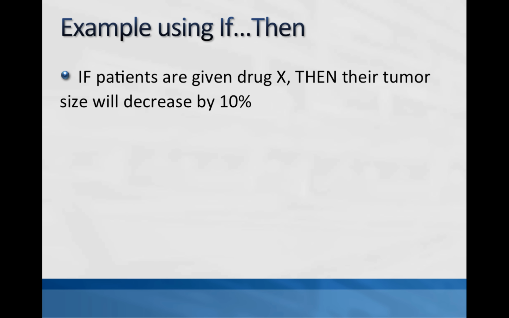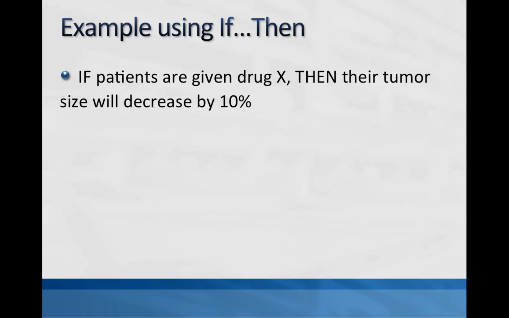Here's an example of a good hypothesis that I recommend you come back to before your final exam in the lab, because you have to write one. If patients are given drug X, a very specific drug, we could say aspirin, 10 milligrams, then their tumor size will decrease by 10%.